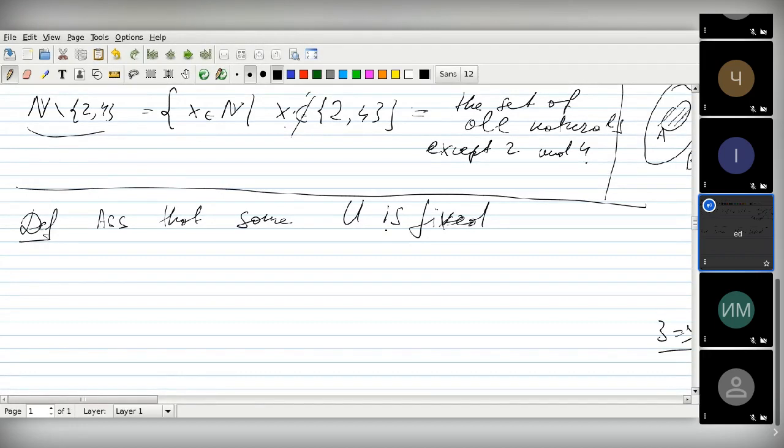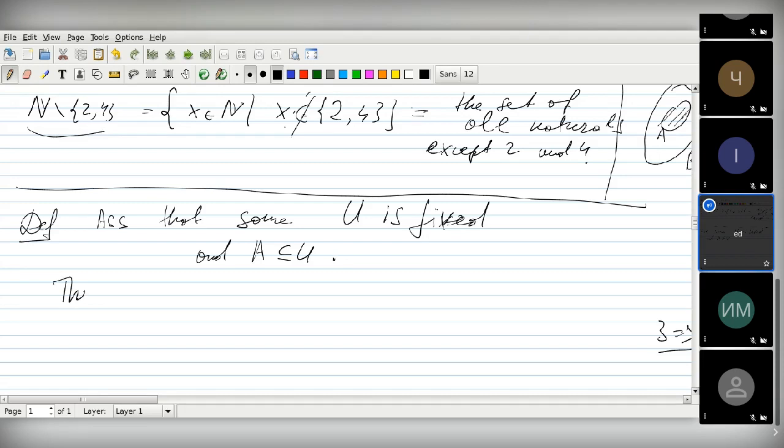It is fixed, that means that we don't want to mention it every time. Say, a typical situation of this kind is as follows. You are studying subsets of natural numbers, and then u is just the set of all naturals. Assume that some u is fixed and a is a subset of u.